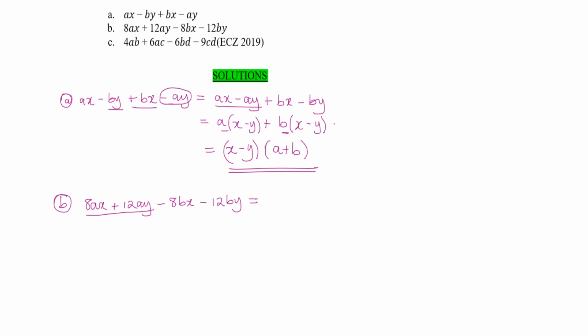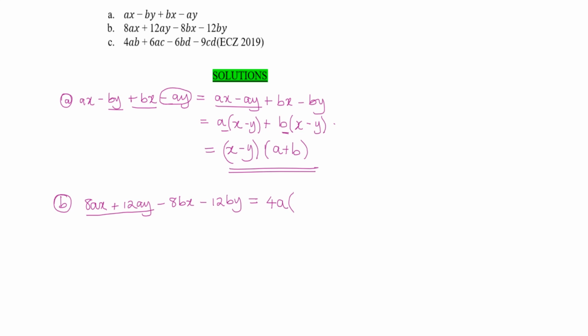So between 8 and 12, what is the highest common factor? The highest common factor is 4. Between a and a, just a. Between x and y, there is no common factor because they are not the same, so we open the brackets.